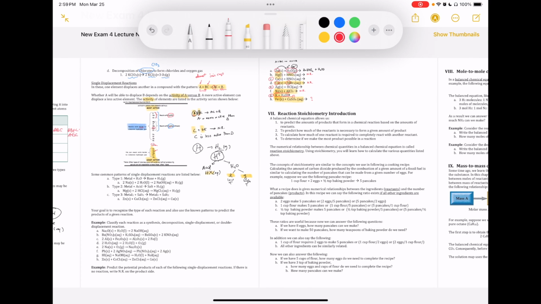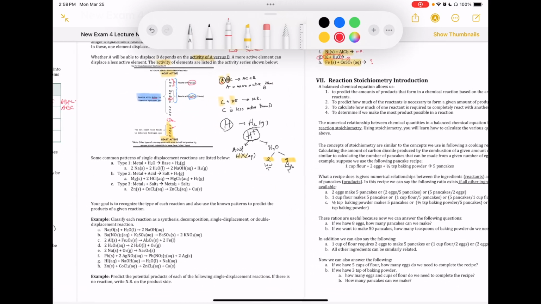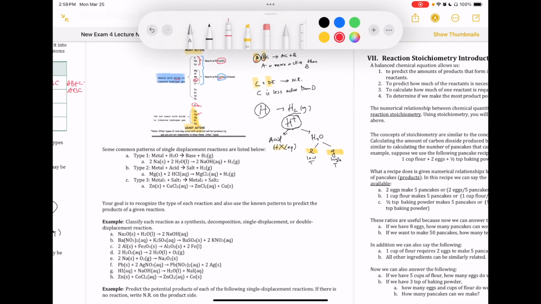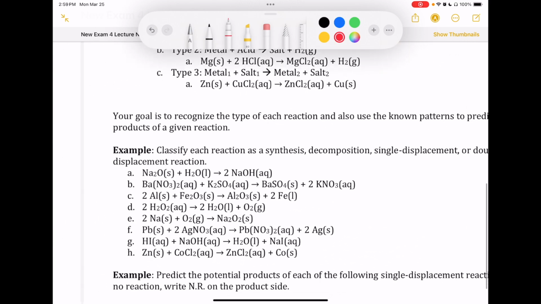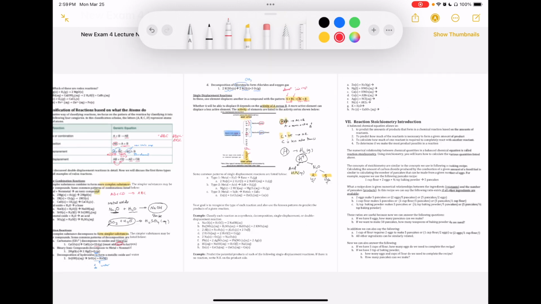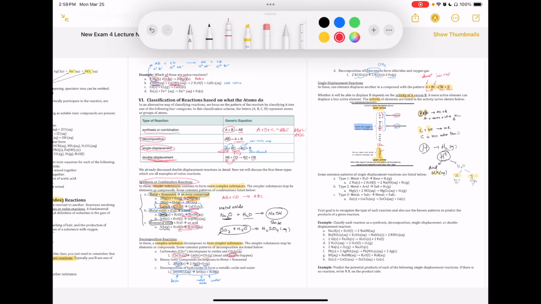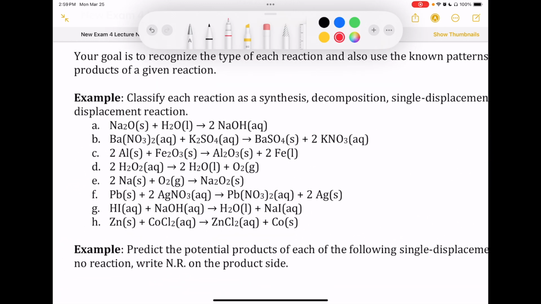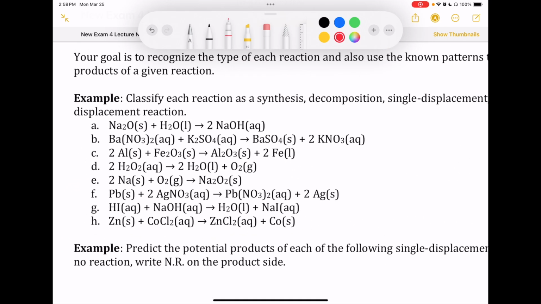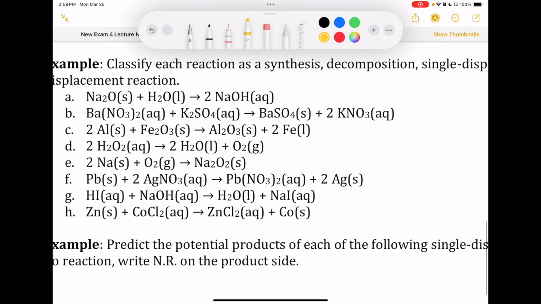All right, now that we know how to predict the products for single displacement reactions, we're going to put all our knowledge together about those four reactions that we talked about: combination, decomposition, single displacement, and double displacement. And we're just going to be able to look at a reaction and determine whether it's one of those four, okay? So I'm going to take a look at a few examples here, and then you can do the rest of them.